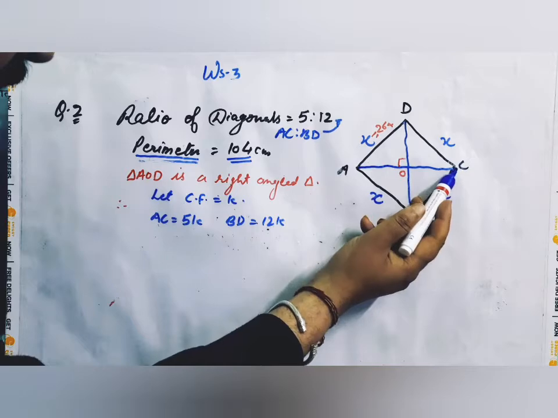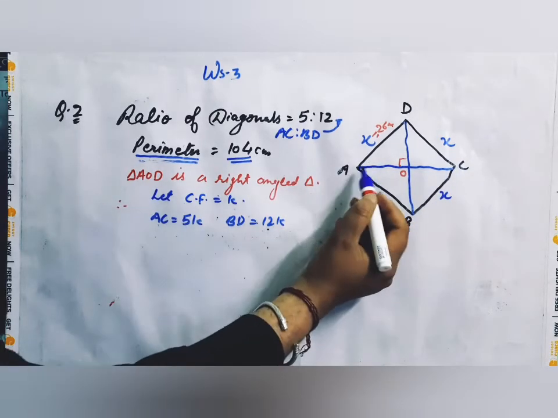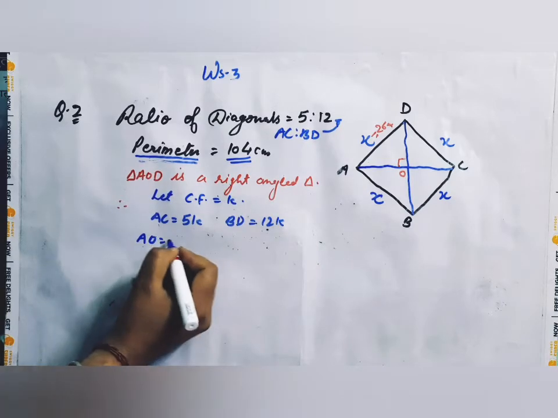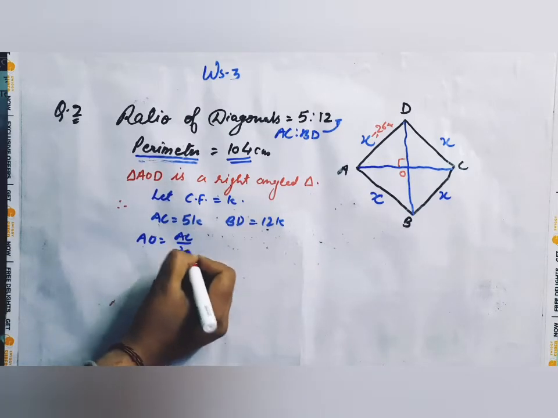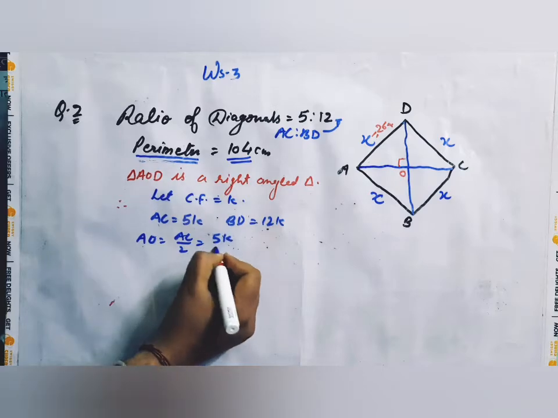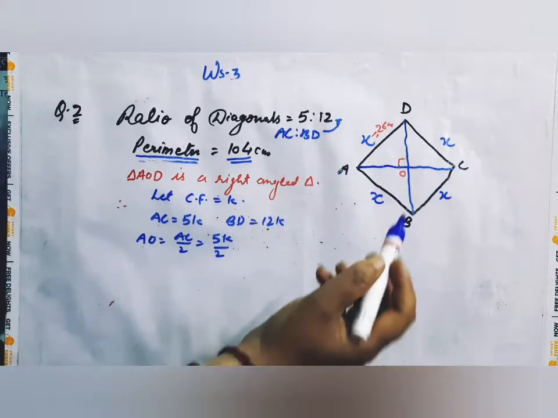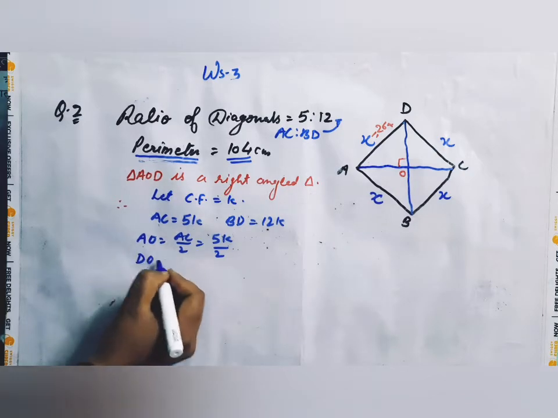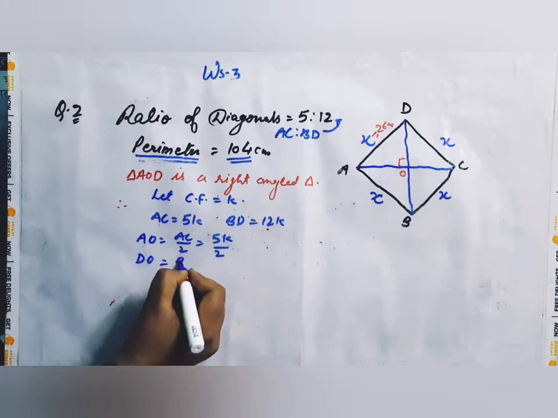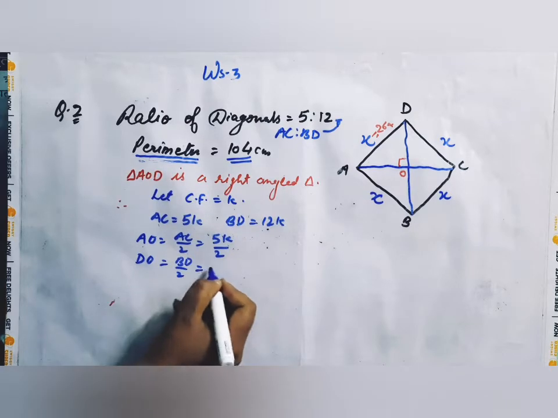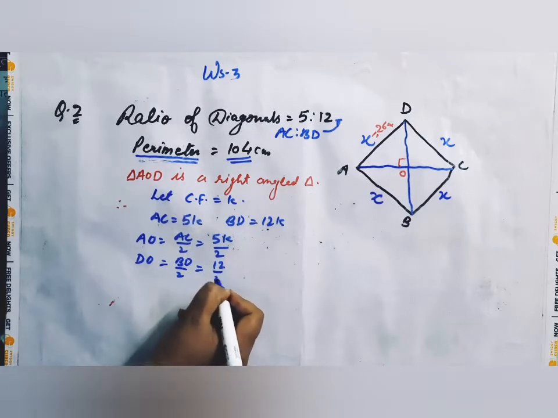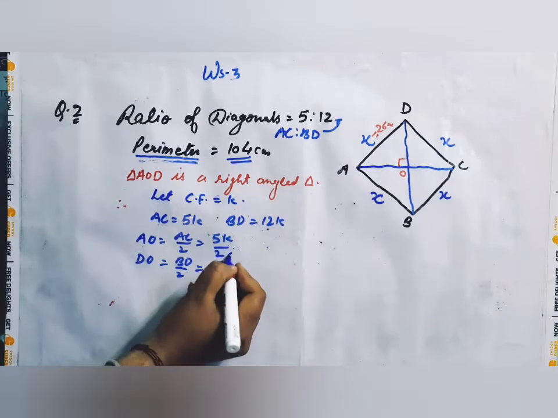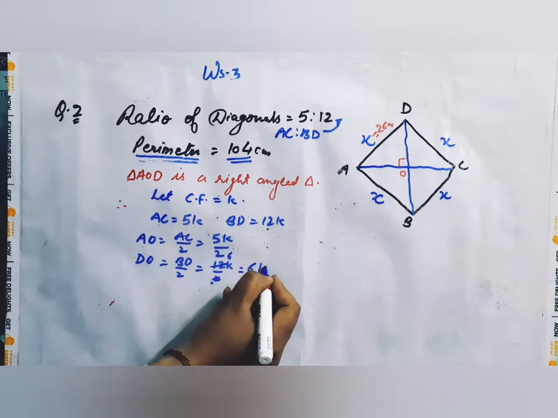If AC is 5K, AO will be half of AC, so AO is AC upon 2, that is 5K upon 2. Similarly, DO is BD upon 2, that is 12K upon 2, which can be written as 6K.